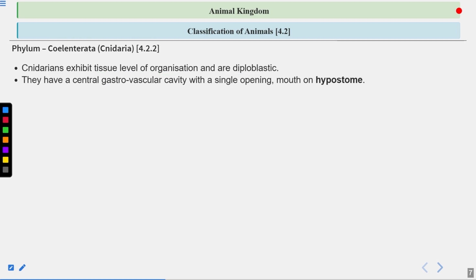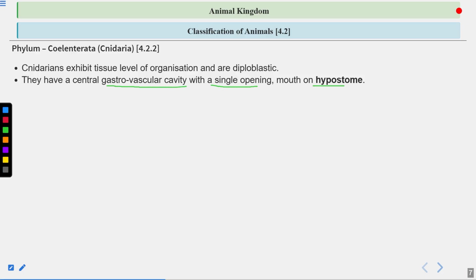They have a central gastrovascular cavity with a single opening, the mouth on hypostome. So they have one cavity which is called the gastrovascular cavity.